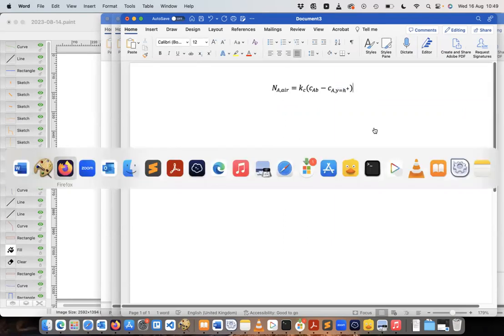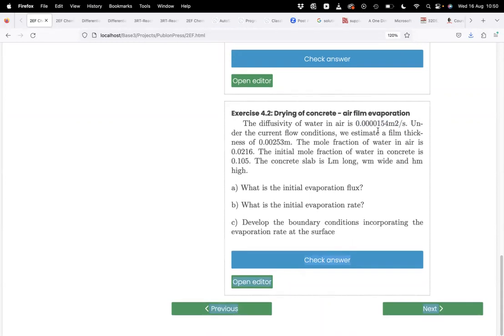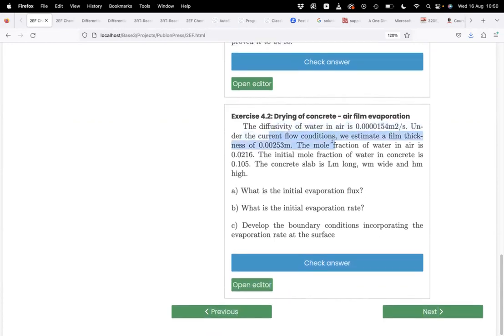So that's just to outline a starting point. In this problem, we are given the diffusivity of air, and we are told that we estimate a film thickness of about 2.5 millimeters, right? So it says here under the current flow conditions. That's because there are various correlations available in the literature that help us estimate the thickness of a film.